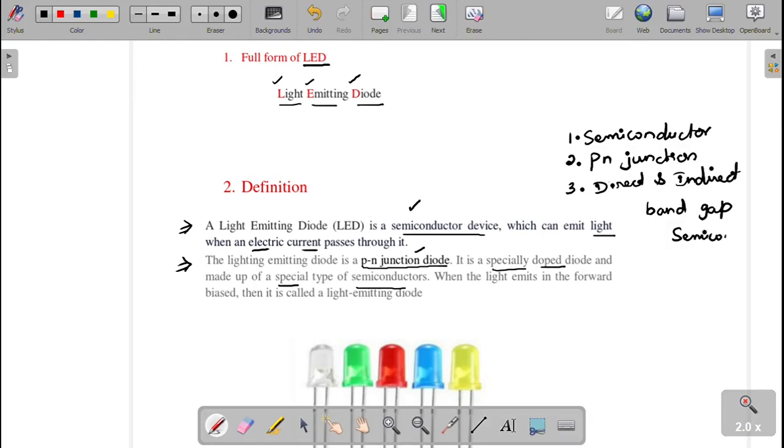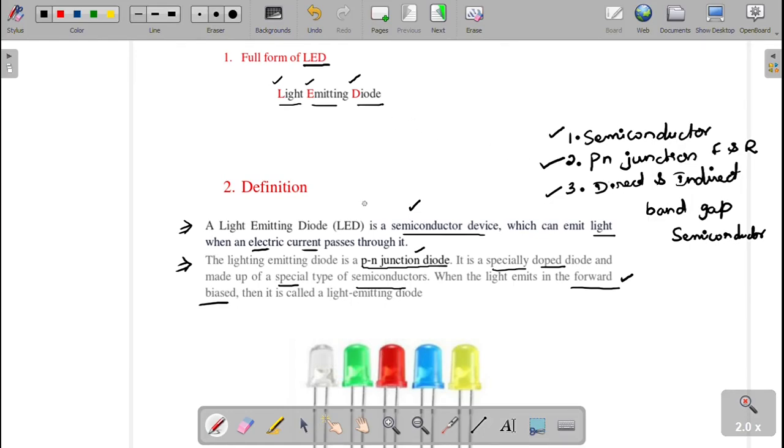So these three videos will explain in detail what is the semiconductor, what is PN junction, and what are the direct and indirect band gap semiconductors. When the light emits in the forward biased condition, then it is called a light emitting diode. So we must know about forward biasing also. In part 2 I explained what is forward and reverse biasing.